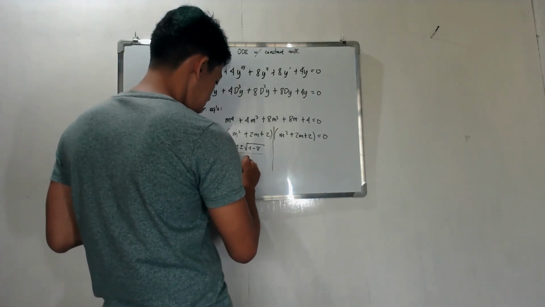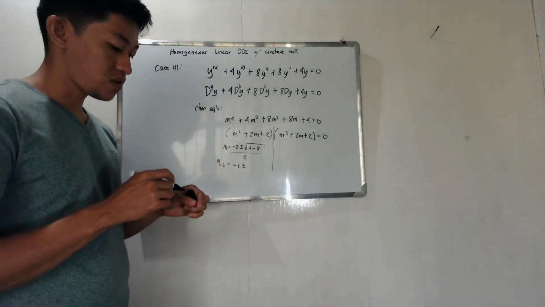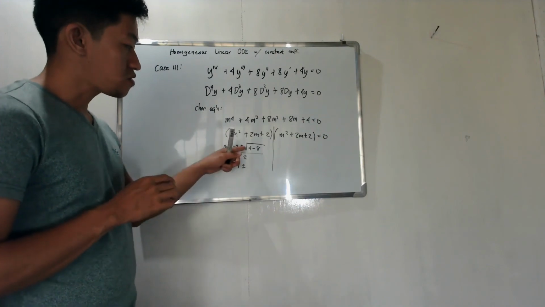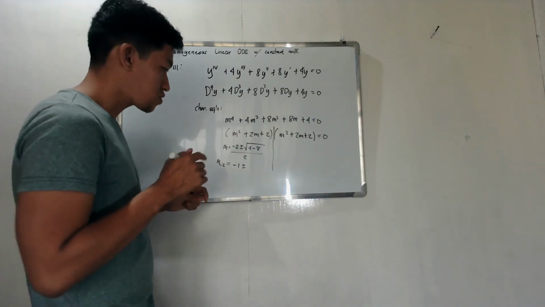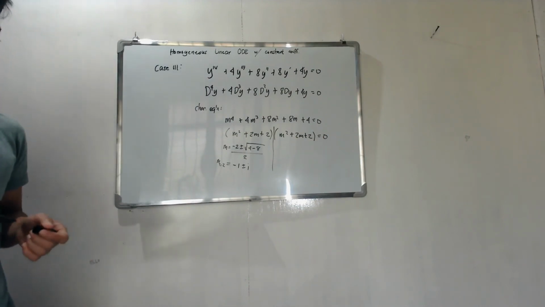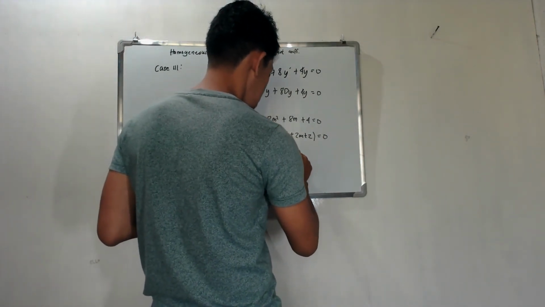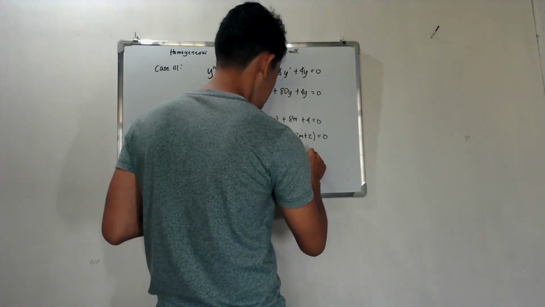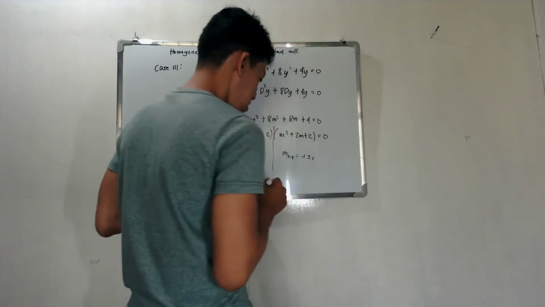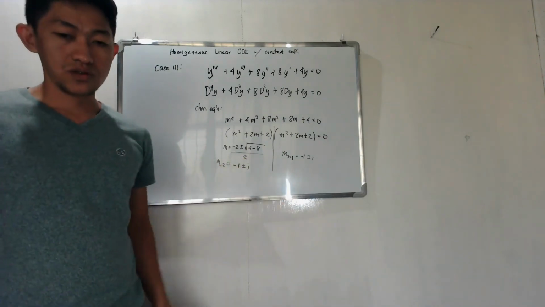Negative 1 plus minus, 4 minus 8 is negative 4, so negative 2i divided by 2, you have i. Okay? And the same on this one, negative 1 plus or minus i. Okay? So, repeated roots.